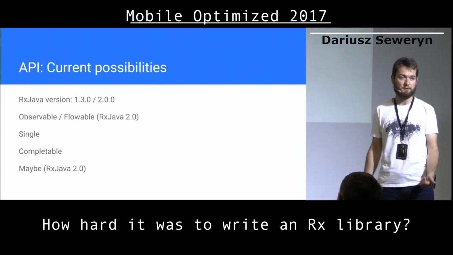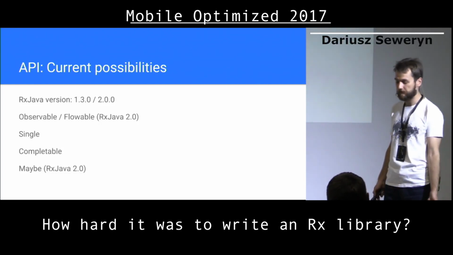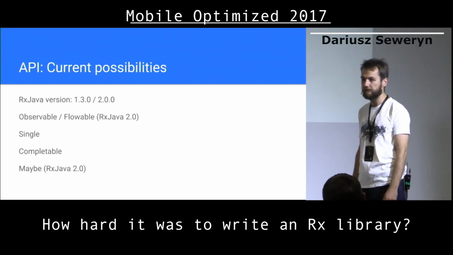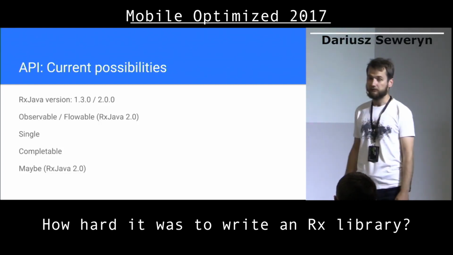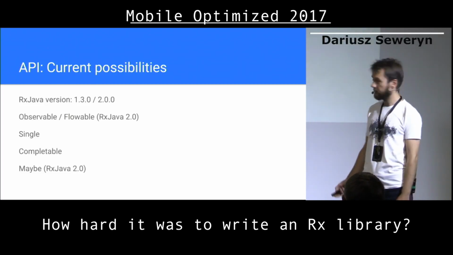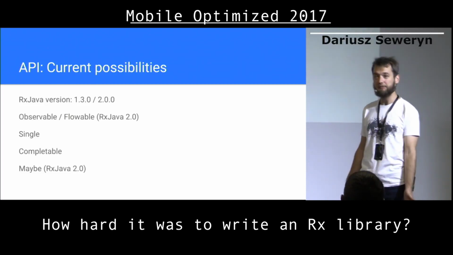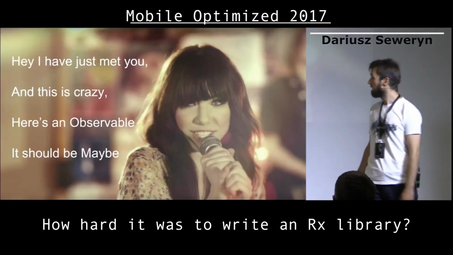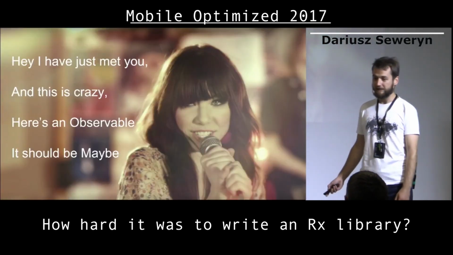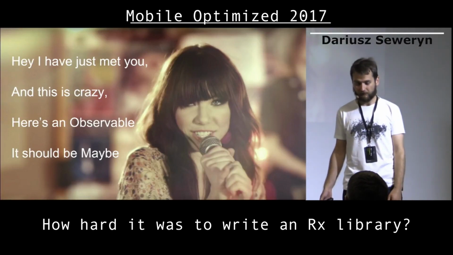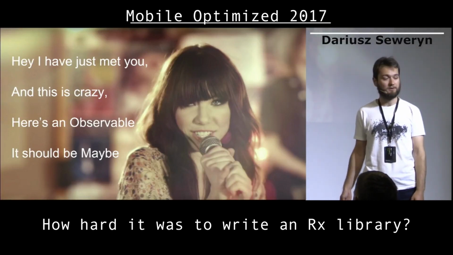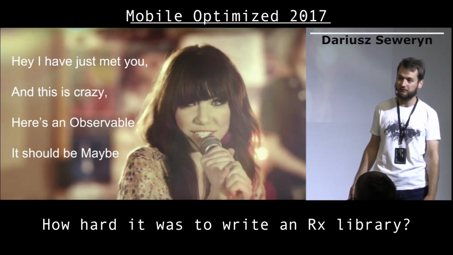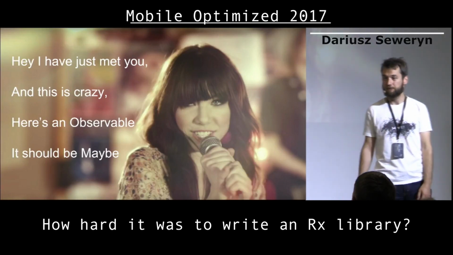Single just emits one value or emits an error. A completable just completes or emits an error, and maybe will emit, or maybe not. Even then, when we see that we have more possibilities, it's good to play with them.